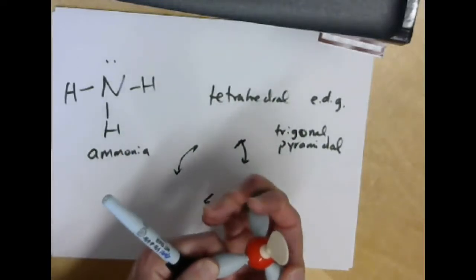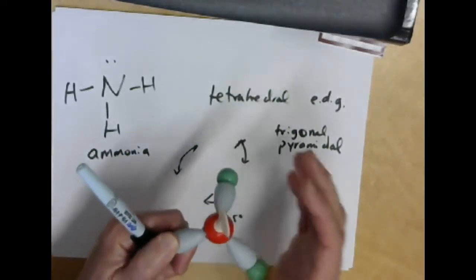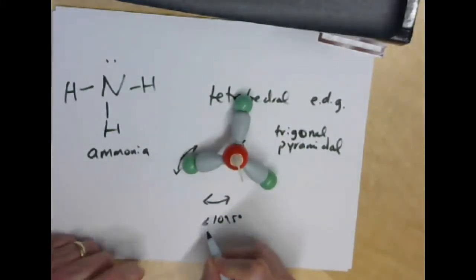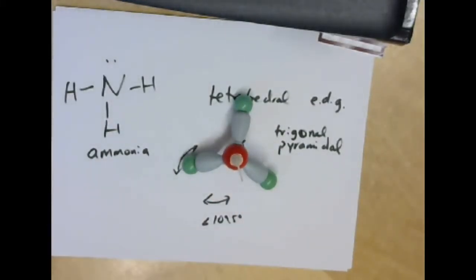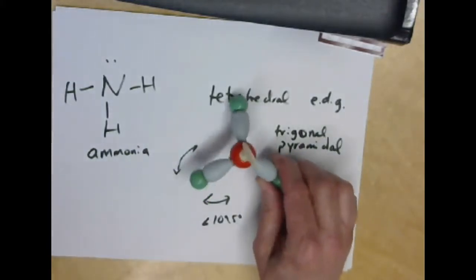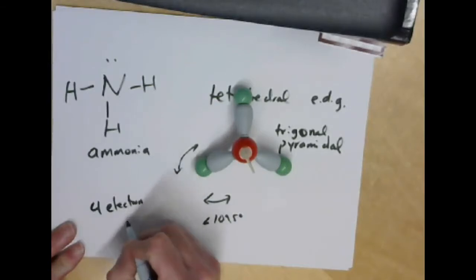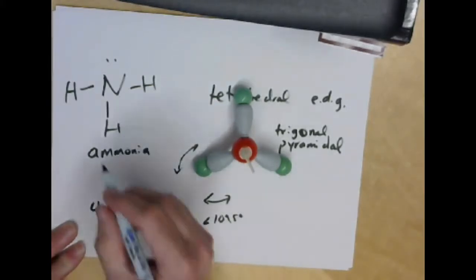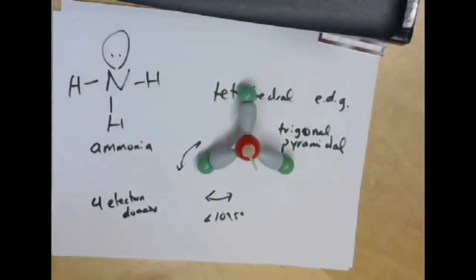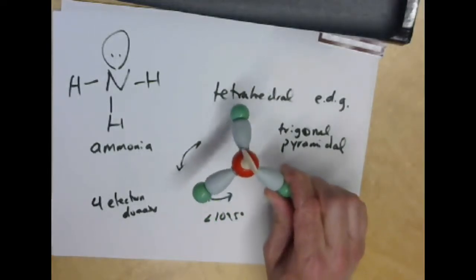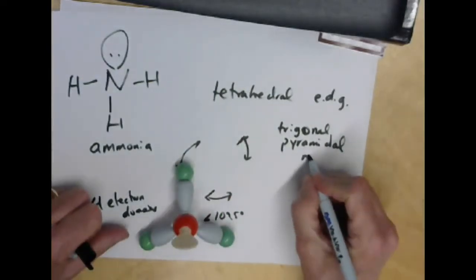Sort of squooches down those bonds. And so if it's making them a little bit smaller, so actually the bond angles are a little bit less than 109.5 degrees in a molecule like ammonia. 4 electron domains, but one of them is a non-bonding pair. And so this is a trigonal pyramidal molecular geometry.